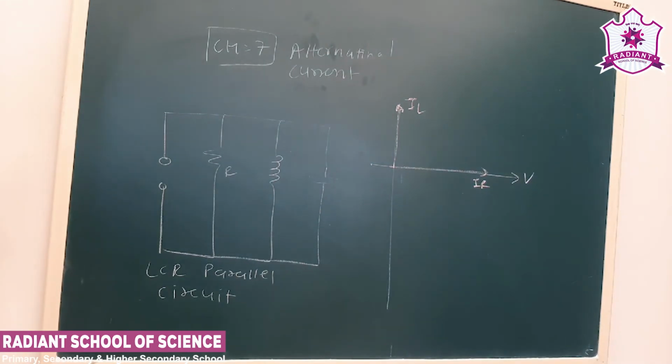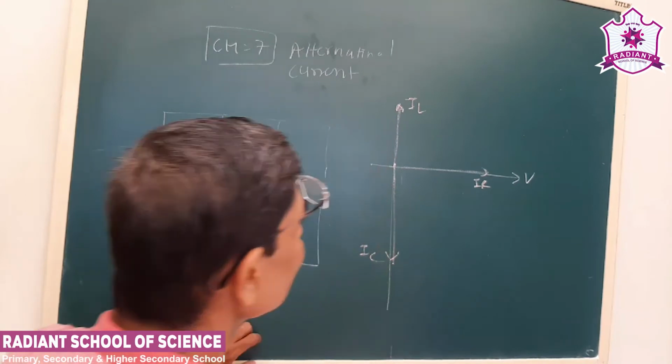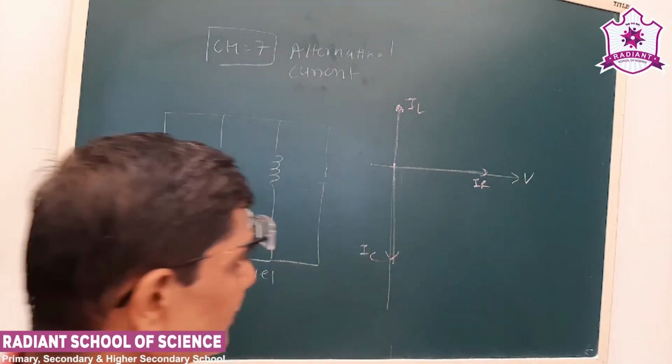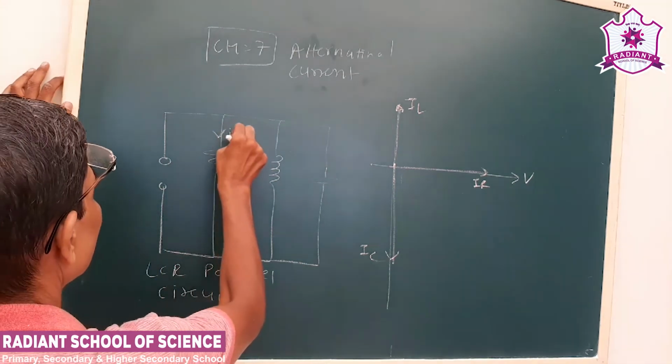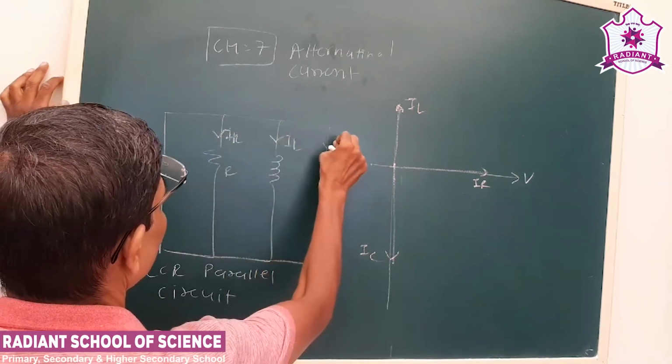And in the capacitor, current is ahead of the voltage by pi by 2. This will be IC. Now this is the phasor. See here IL and IC are again in opposite phase.